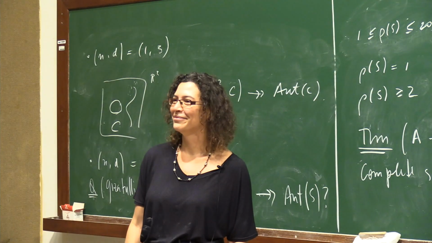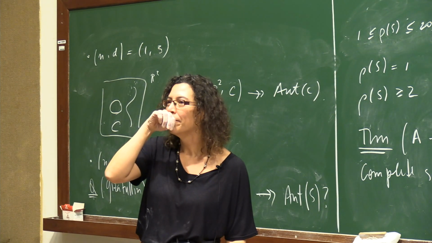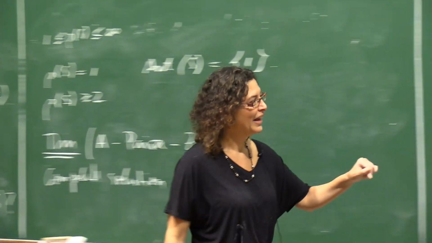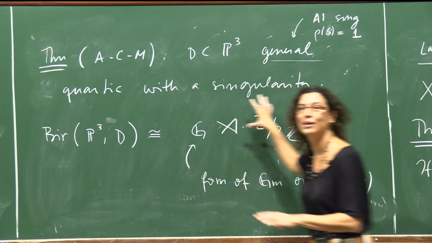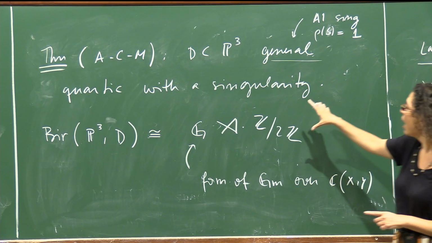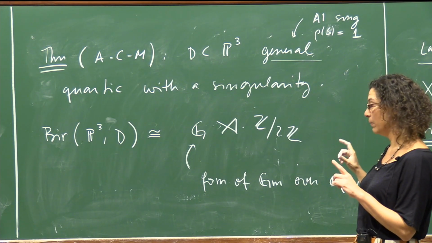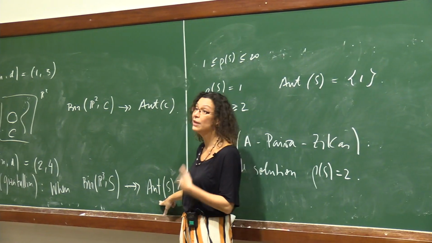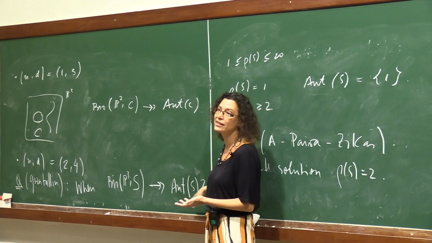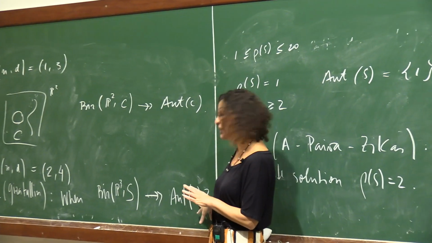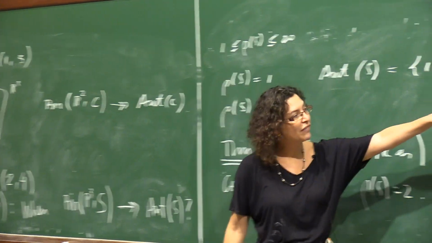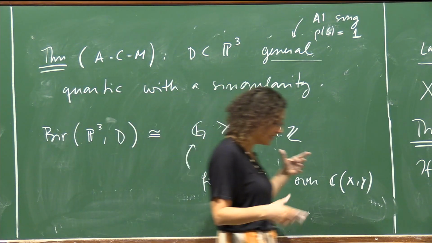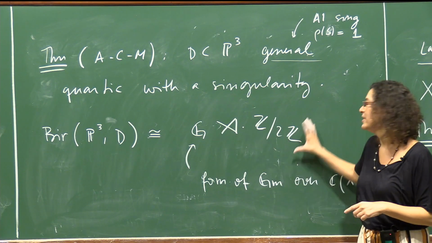Eduardo? Yes, I was going to ask what happens if the quartic is singular. So, if the quartic is singular, then we have these results for the simplest case. Now you have to be a little bit careful, because once the quartic is singular, you should not really look at the automorphism group here. You should look at the birational self-maps of S. Here, everything is the same because it is smooth. But in this case here, if you have a general singular quartic surface, the automorphism group is going to be this part here.